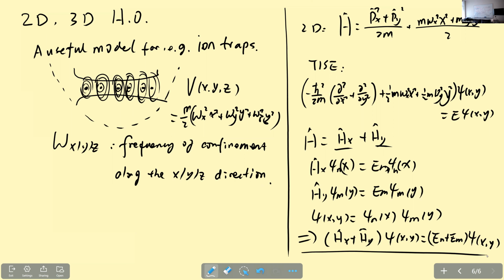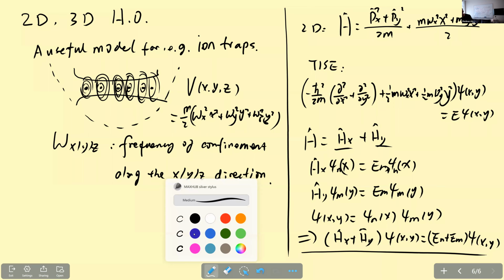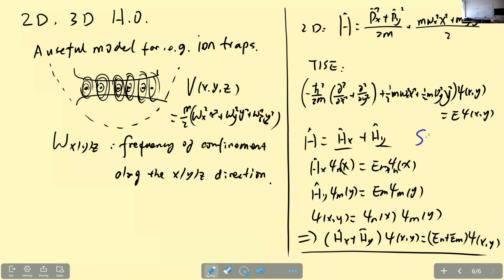So this can be easily solved. This one, of course, is called the separation of variables. You just separate them, and then you can solve this easily.